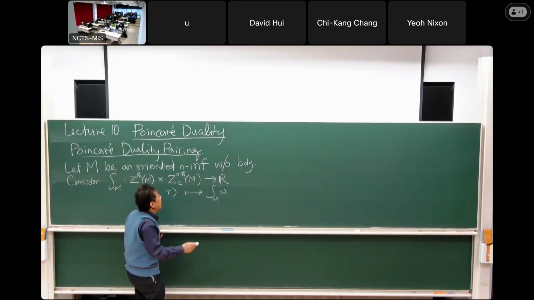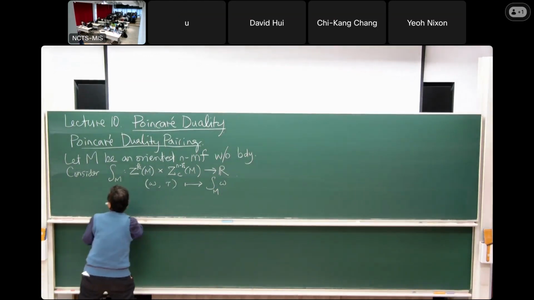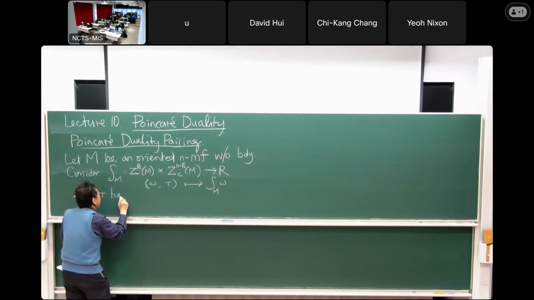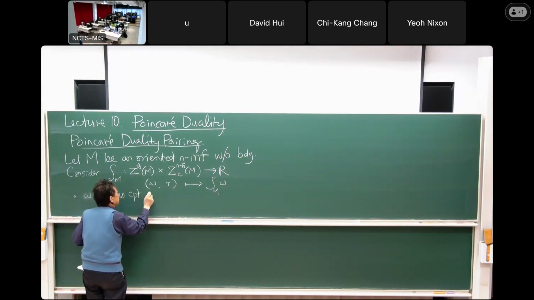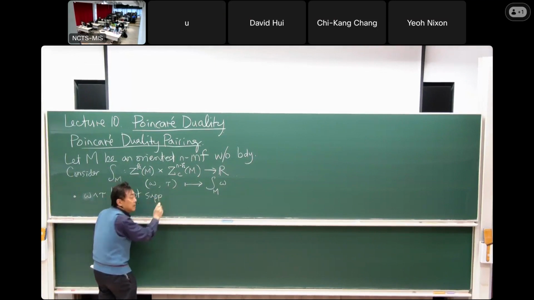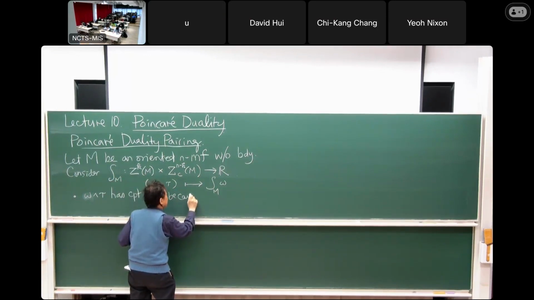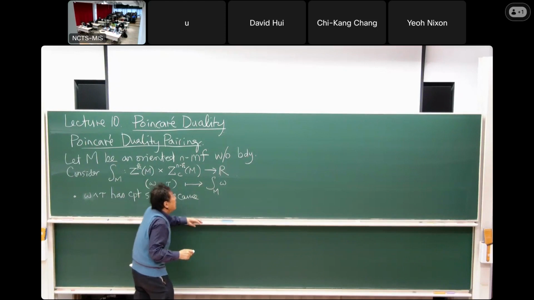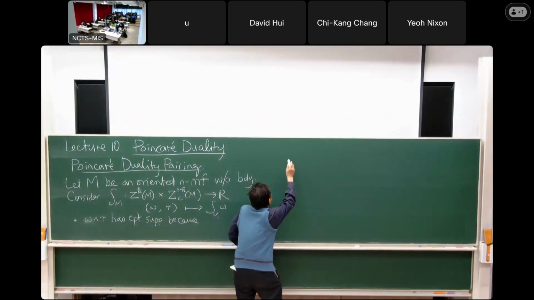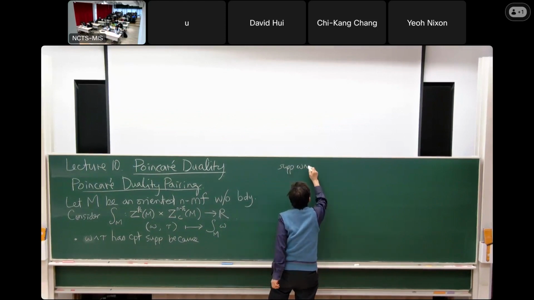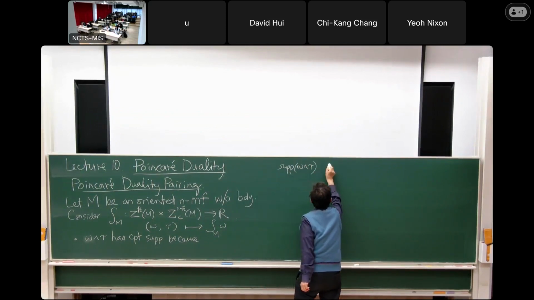Okay, so omega wedge tau has compact support because the support of the wedge product, right?